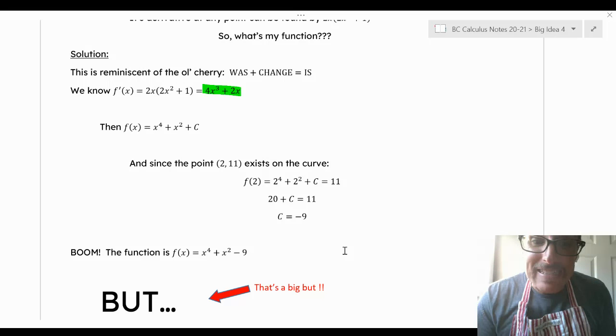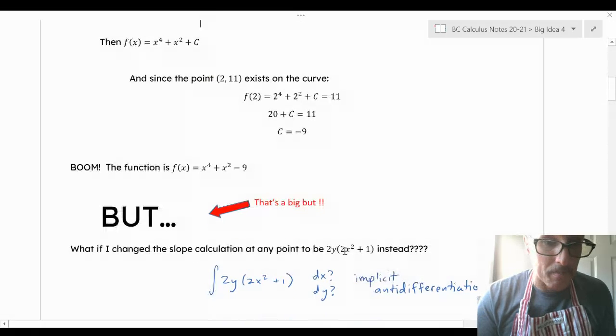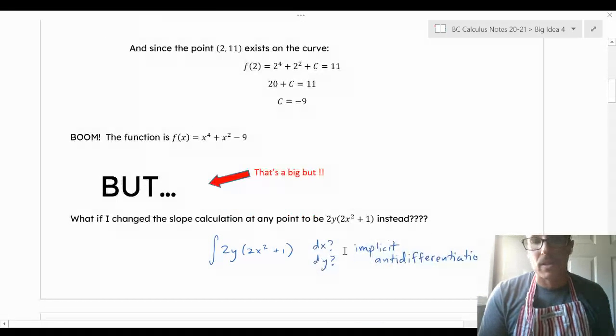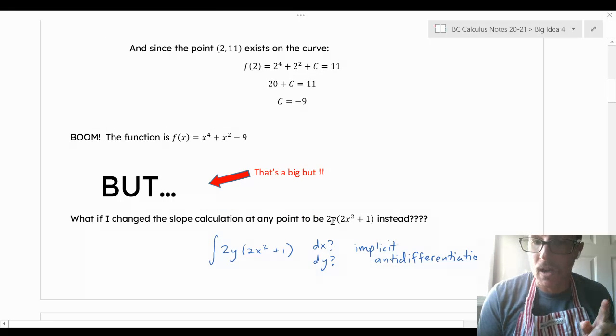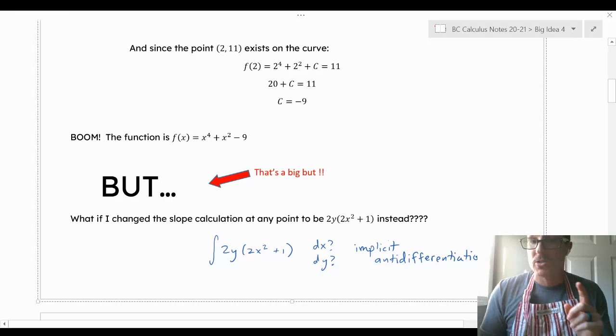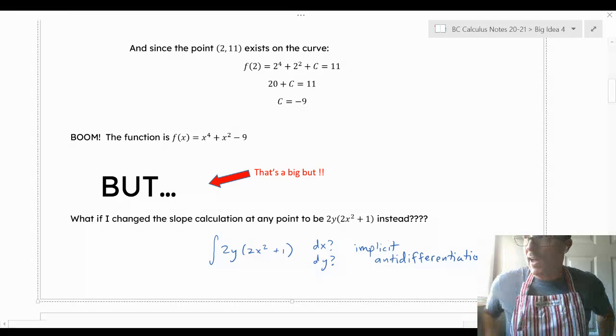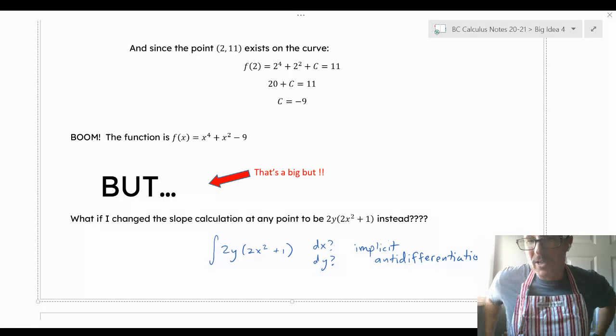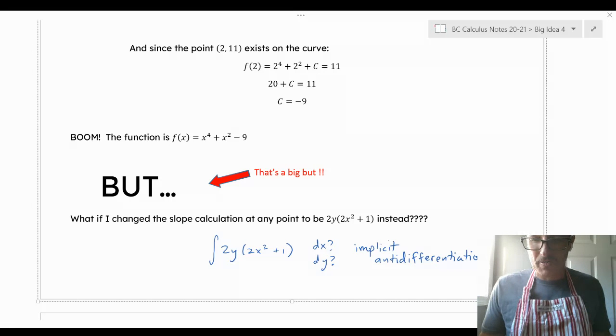But, man, that's a big but. What if I change the slope calculation at any point to be 2y? What if I changed it to 2y times 2x squared plus 1? How would we go then? Could we just integrate 2y times 2x squared plus 1?